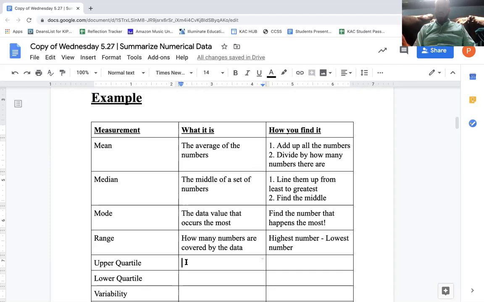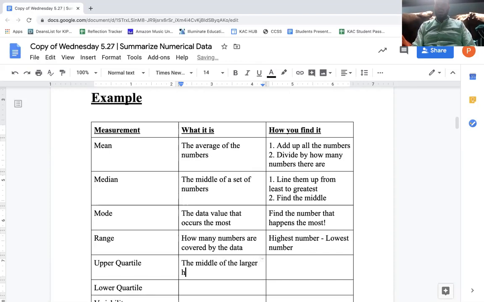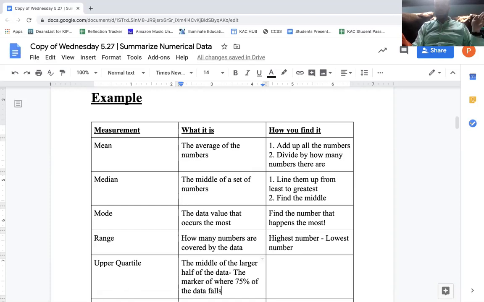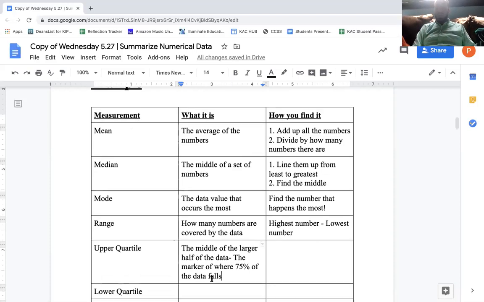Upper quartile, what is it? It is the middle of the larger half of the data. It is also the marker of where 75% of the data falls. So 75% of the data falls below the upper quartile. 25% of the data falls above the upper quartile.